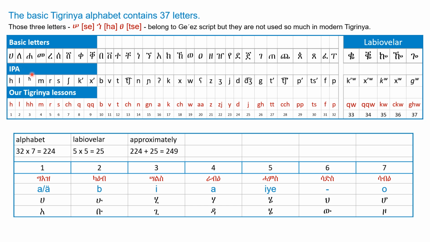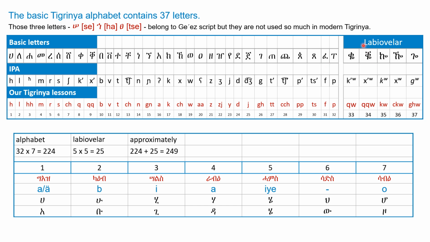Ha, le, ha, me, re, se, she, ke, che, be, ve, te, che, ne, nye, a, ke, che, we, a, ze, je, ye, de, je, ge, te, che, pe, tse, fe, pe.